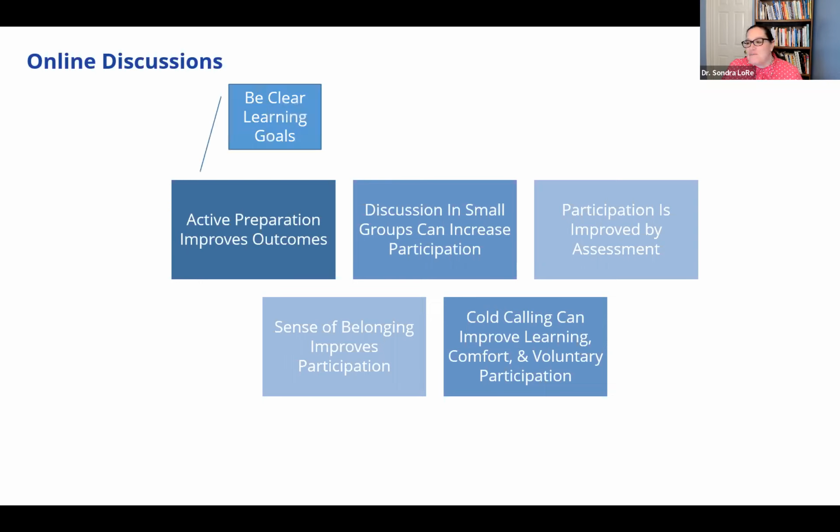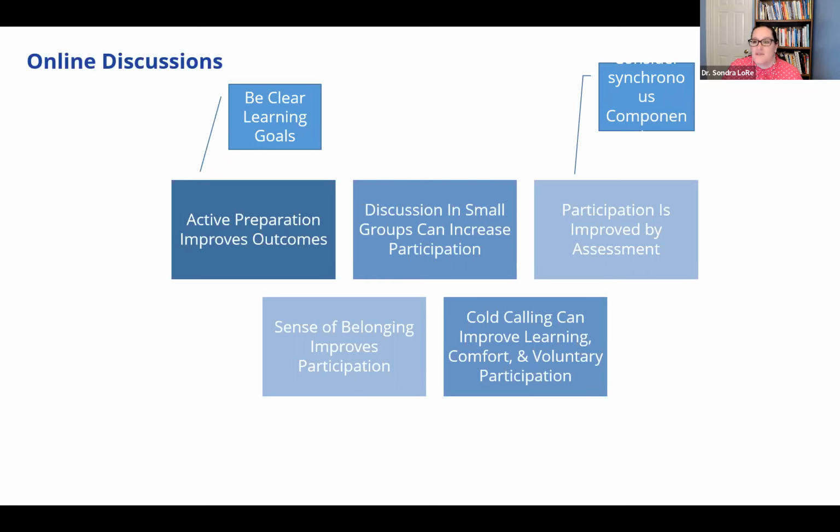So aside from actively preparing what your discussions are going to be and having it improve outcomes, be clear with the learning goals. In an online course, and particularly asynchronously, communicating with students in multiple ways and being clear about your expectations for discussion in the course is very important.